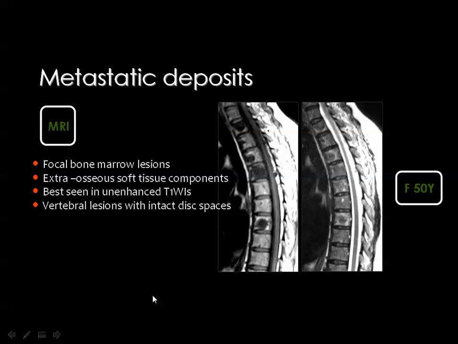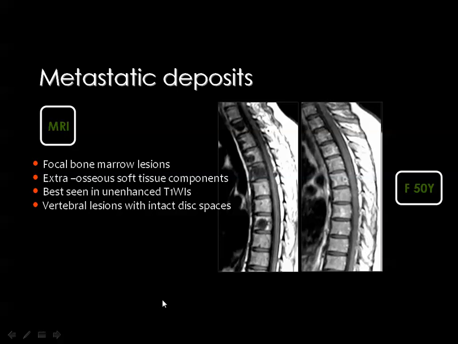Then if you have the T2 weighted image, you can hardly see the metastatic deposits, because they will start to increase their signal while the bone marrow will start to decrease its signal, then you get this isointense signal to the bone marrow in the T2 weighted image. Then what happens if you inject the patient with contrast? Then metastases will enhance and you cannot see them after injection of contrast.